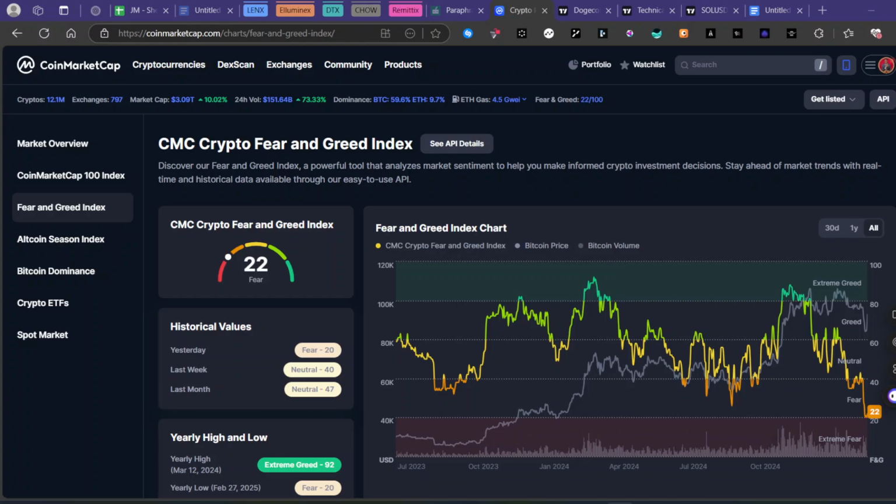I'm going to explain what the Fear and Greed Index is, how it is calculated, and how you can use it to avoid emotional trading mistakes and improve your strategy. So stick around because this knowledge could completely change the way you look at the markets.